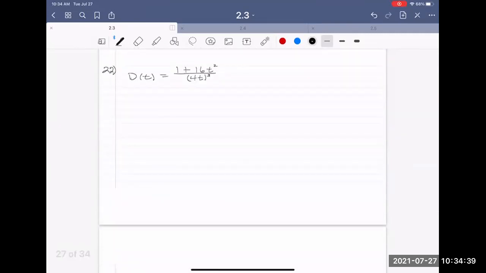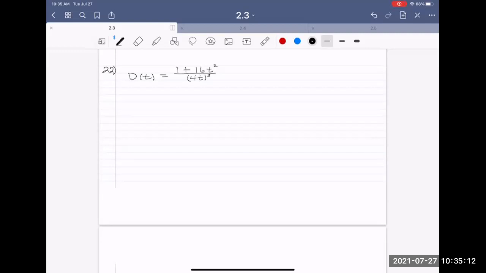Let me do problem number 22. The derivative of the quantity 1 plus 16t squared over 4t, quantity cubed. Well, I don't know how to take the derivative of that because I have parentheses.